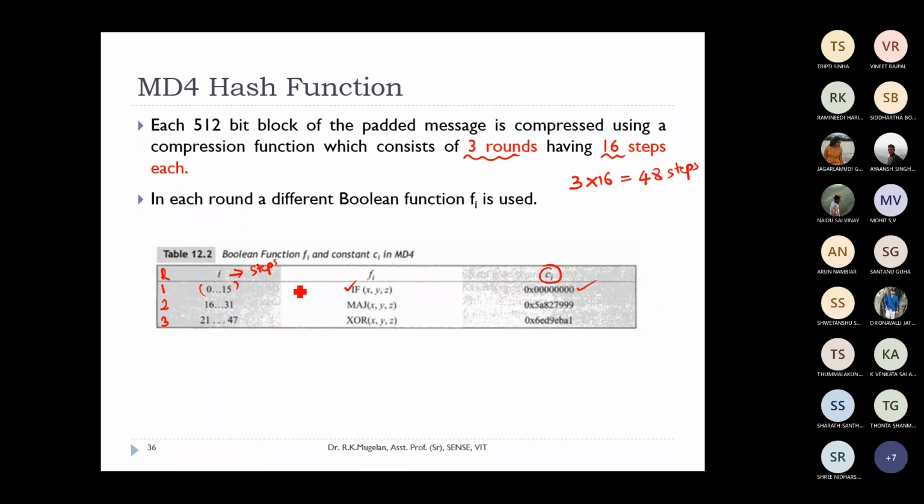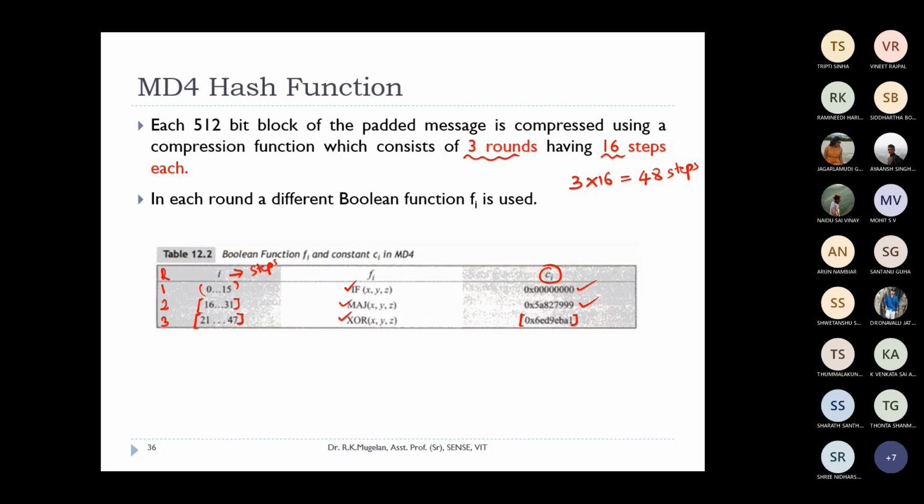And for the second round, from 16 to 31, the next 16 steps, the Boolean function is the majority function, and this is the round constant used. And for the last round, the last 16 steps, the XOR operation will be used as the Boolean operation, and this is the round constant used in the last 16 steps. Is it clear, guys?